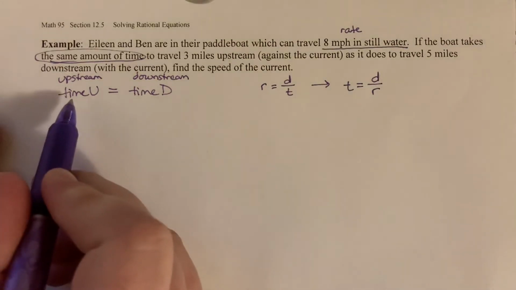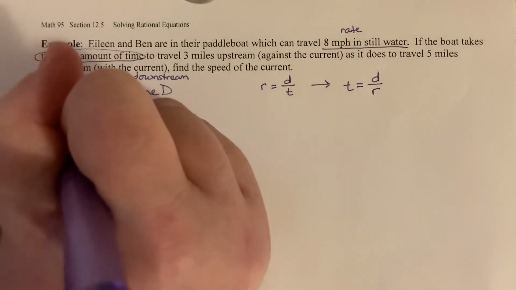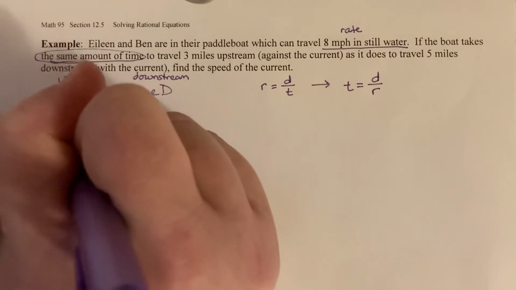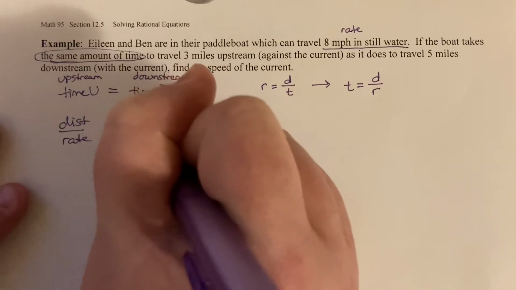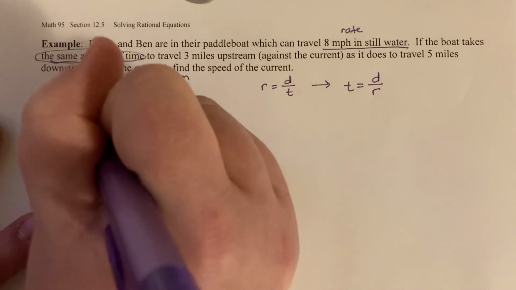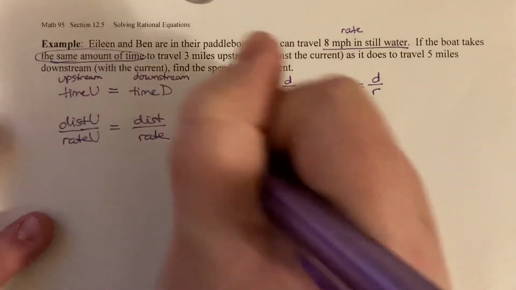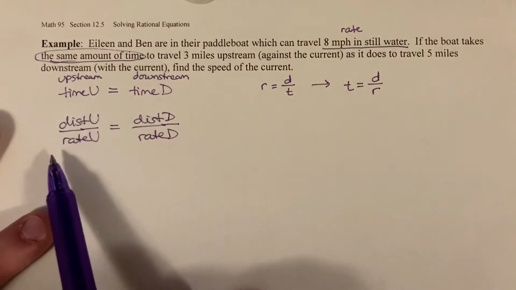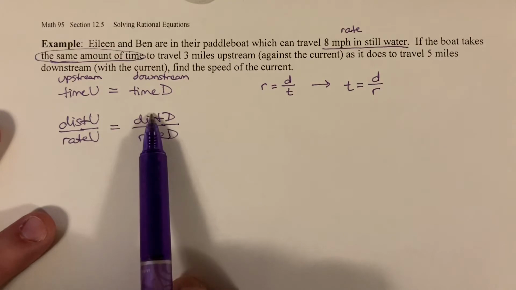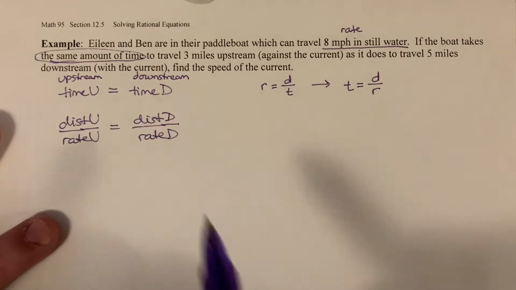So we need to change this time into distance over rate equals distance over rate. But again, we need to keep track of when it's upstream and when it's downstream. So distance upstream over rate upstream equals distance downstream over rate downstream.